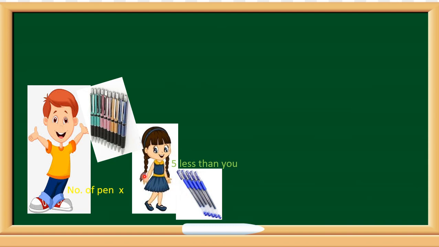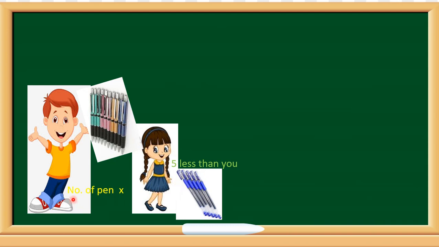And as you count your pens and your sister's pens, you understand that your sister has 5 pens less than what you have. So when you consider you have 10 pens, then your sister has 10 minus 5 pens, correct?